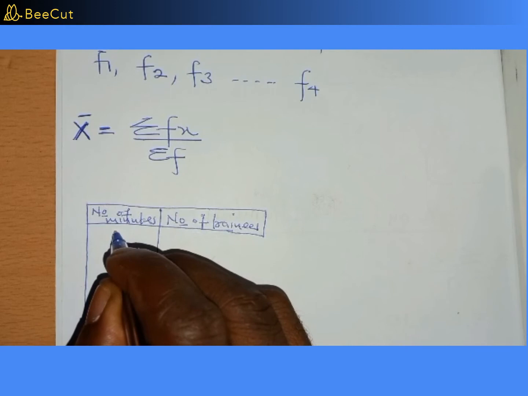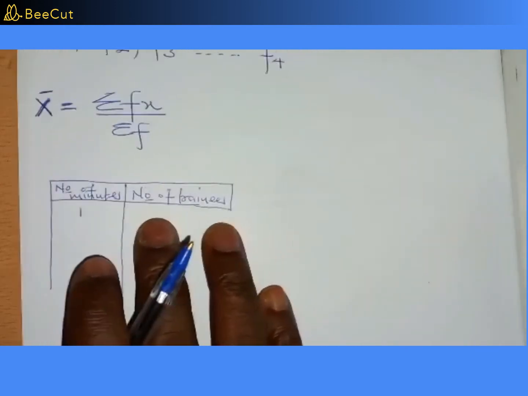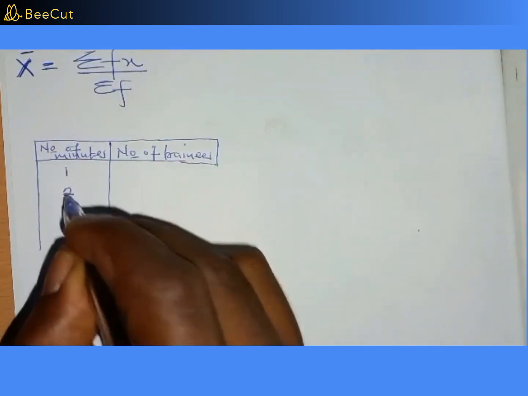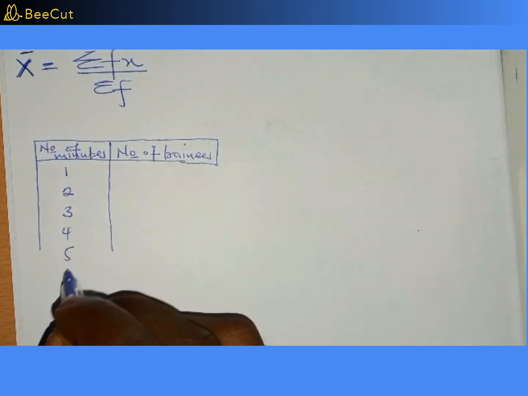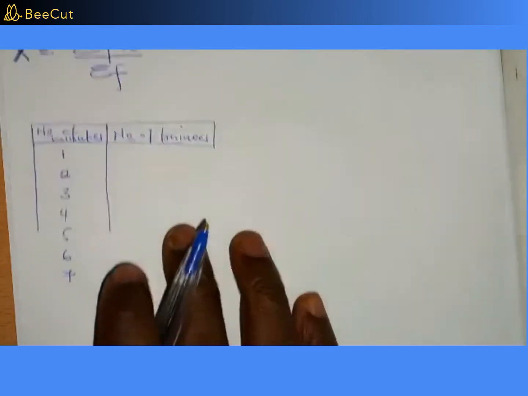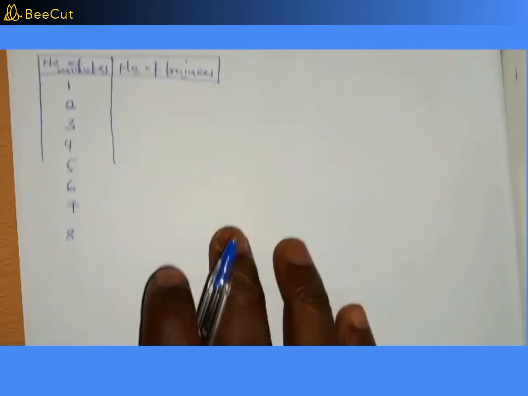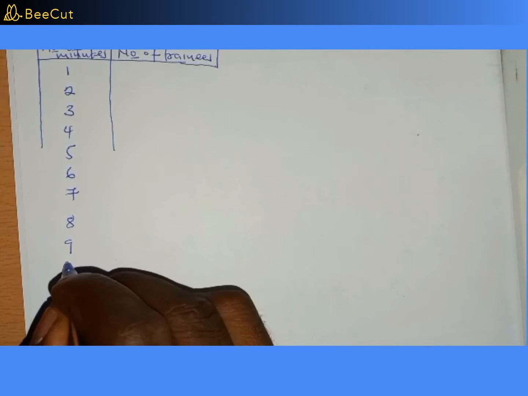Let's just say we have 1 to 10: 1, 2, 3, 4, 5, 6, 7, 8, 9, and 10.